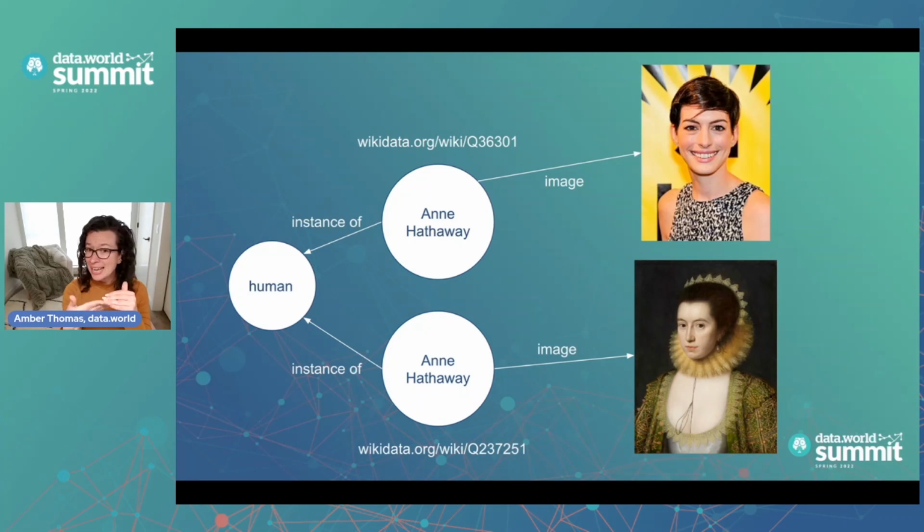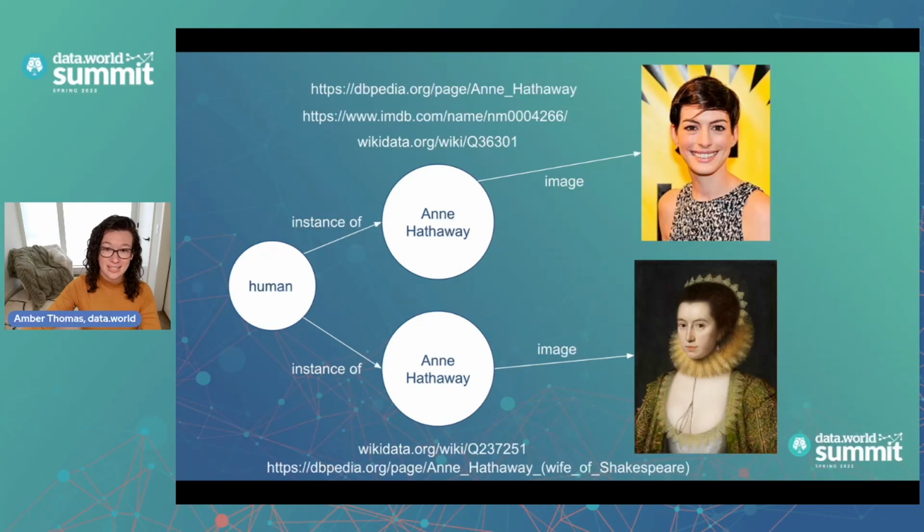Now at this point, and even on the last slide, you're up to 4 stars of data. That's amazing. If you want to get that 5th star, what Tim Berners-Lee says is you have to link your data to other data sources for context. So what that means is recognizing that this Wikidata link for Anne Hathaway, the actor, is referring to the same person as this entry in DBpedia, as this entry in IMDb, and so on and so forth. So you are able to then take all of the information.